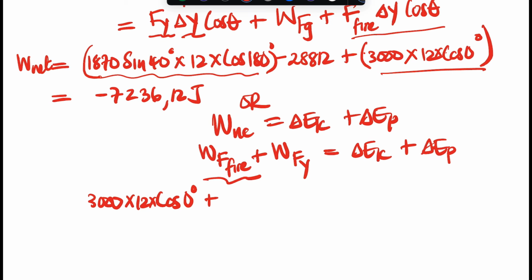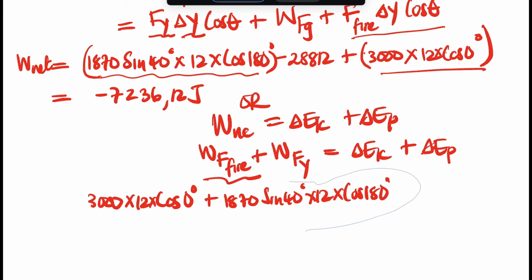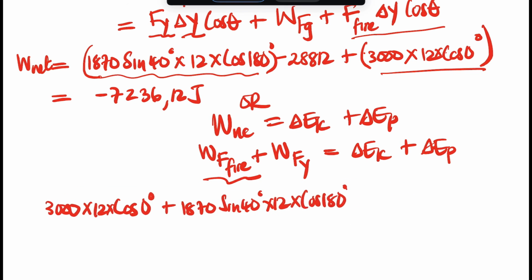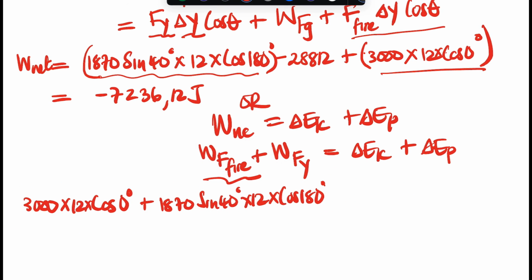I'm just going to copy this. So it's going to be 1,870 sine 40 times 12 times cos 180. Guys, for this, those who understand maths, I'm not good at maths, but I understand the maths part in physics.